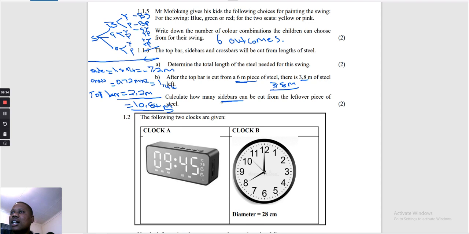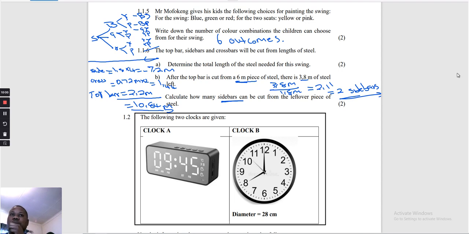They want one sidebar, so one sidebar is 1,8 meters. So let's see. 3,8 divided by 1,8, and then we get 2,11. It means we can only cut 2 sidebars. Okay.